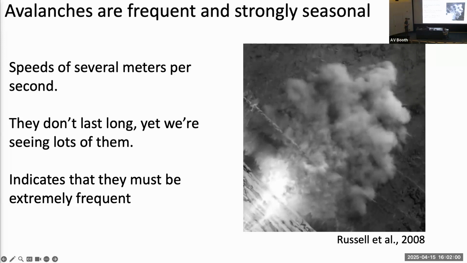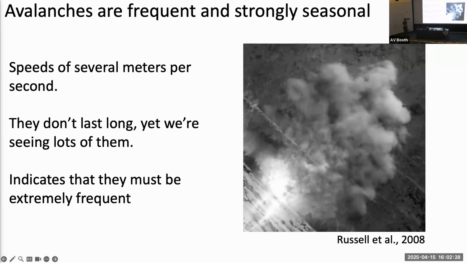So we're seeing lots and lots of avalanches, but it's not because an avalanche is a very slow process that takes hours and hours to run all the way out. They're running out in a minute or two. And yet still we're seeing avalanches in every image we take at some times of the year. So they must be incredibly frequent. You can imagine some future tourist attraction, right, where there's a viewing platform and a National Park Service attendee showing people in.